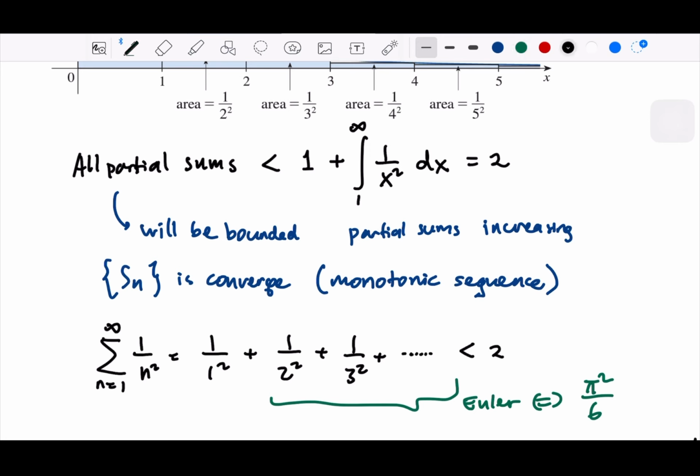Okay, so you see that using the integrations, we can somehow estimate whether the series will converge or diverge.